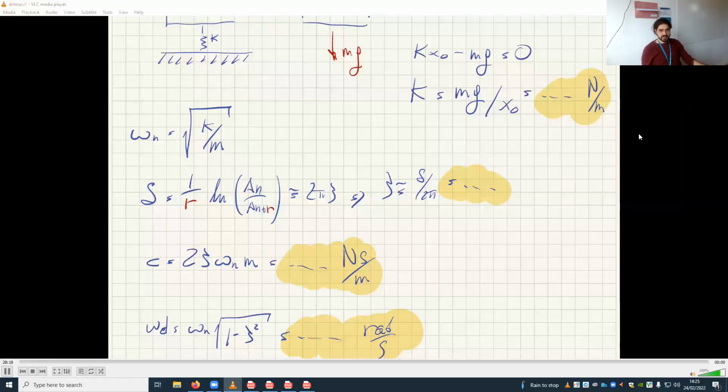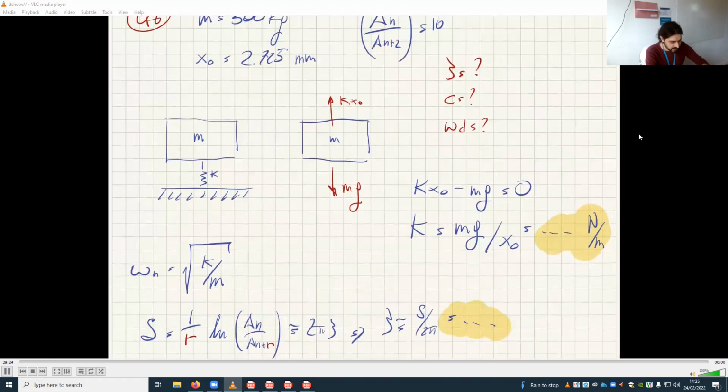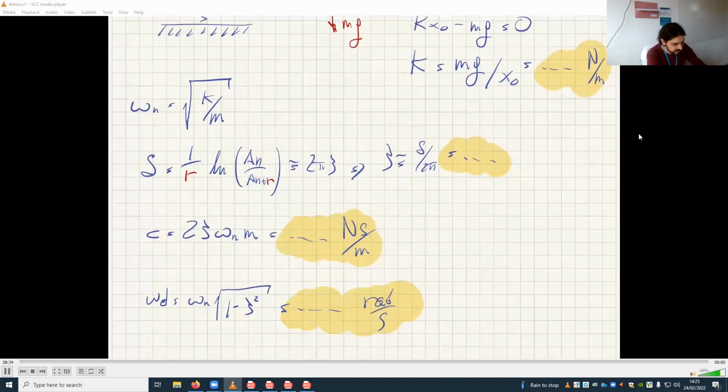What does viscous damping mean? It means that we are using this definition of zeta. So the zeta, because, I'll show you next week, viscous damping means you have a dashpot, whereas some materials have hysteretic damping, which is structural damping.